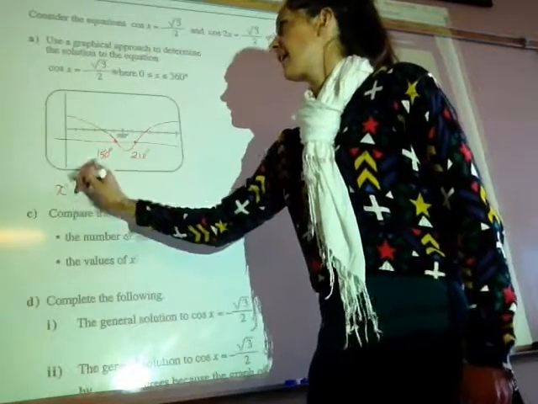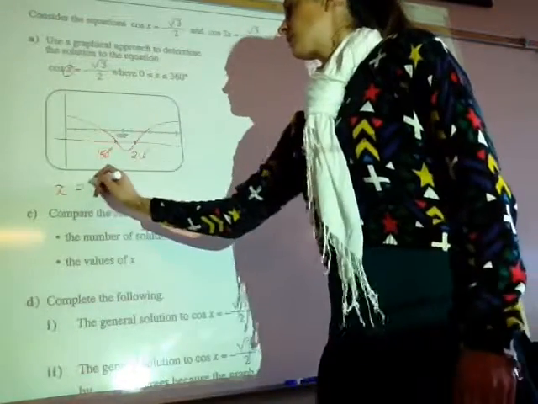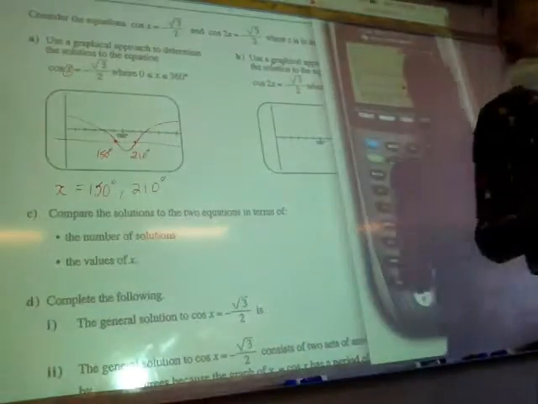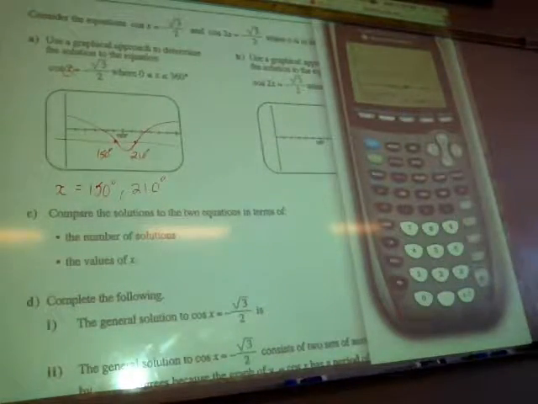So we can say that x is equal to 150 degrees and 210 degrees. Now we're going to take a look at the second graph. So is everyone good to move forward?